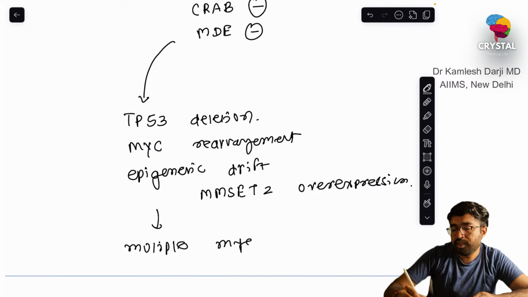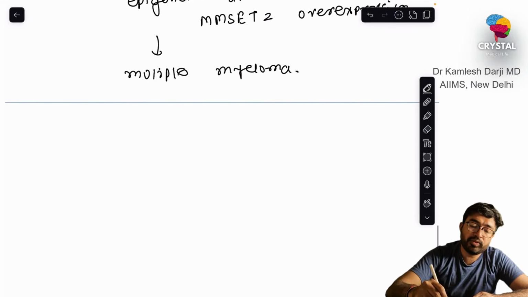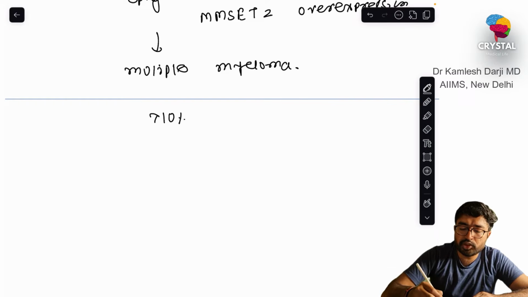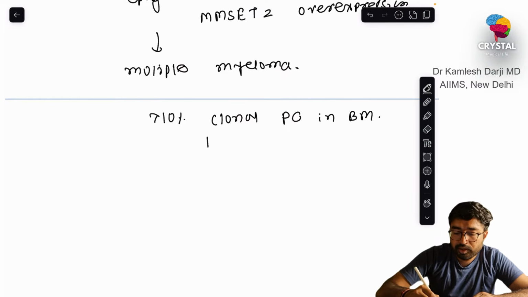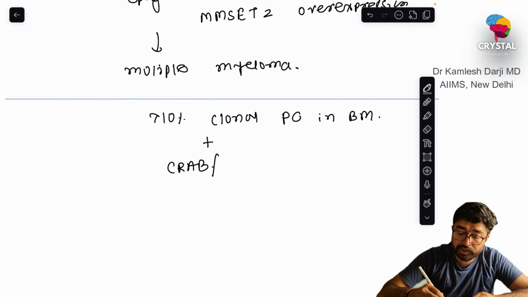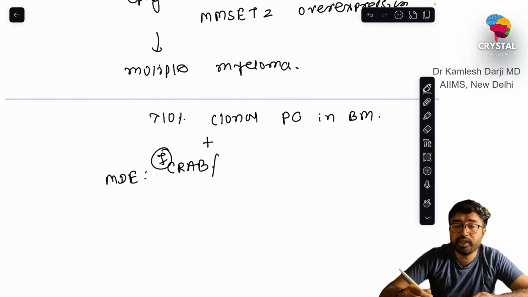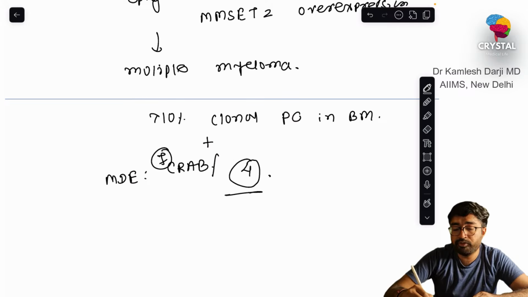Multiple myeloma. So, what is the criteria? More than 10% of clonal plasma cells in bone marrow with a myeloma defining event. One of the myeloma defining events. The total 4 myeloma defining events are there.